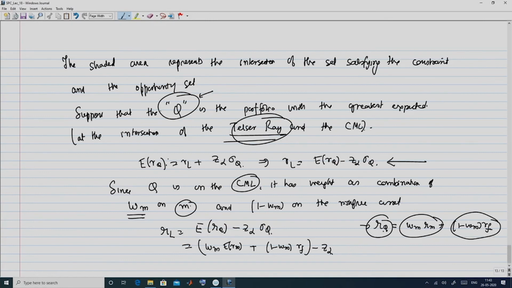So Z alpha into sigma Q is simply going to be Wm into sigma m. And therefore this will imply that Wm is equal to (RL minus Rf) over (ERm minus Rf minus Z alpha of sigma m).